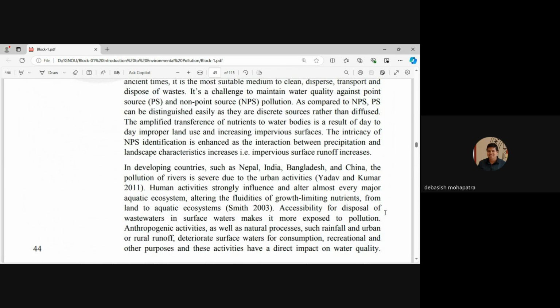In developing countries such as Nepal, India, Bangladesh, and China, the pollution of rivers is severe due to urban activities. Here, humans strongly influence the major aquatic ecosystem.